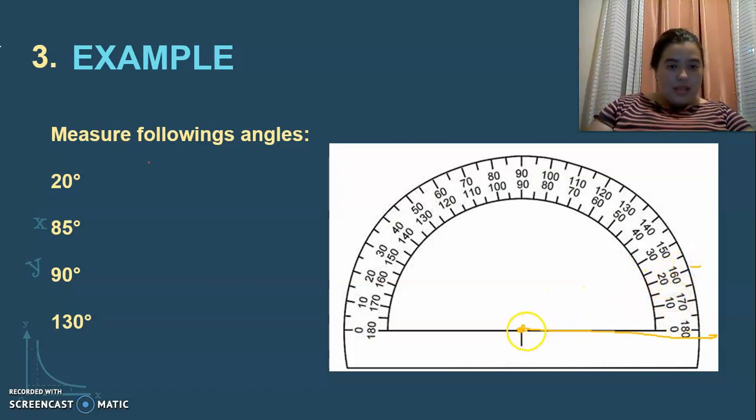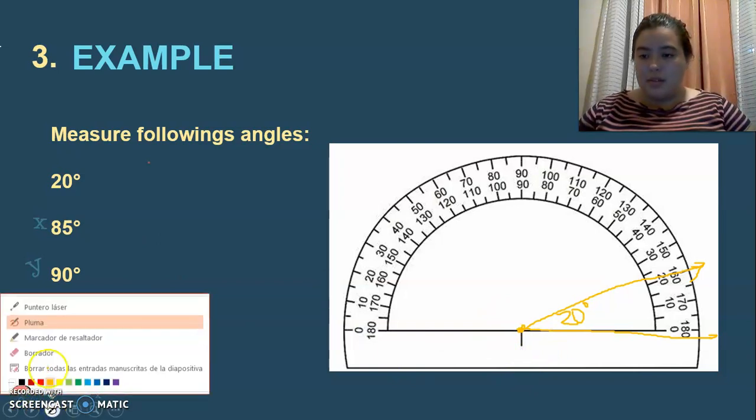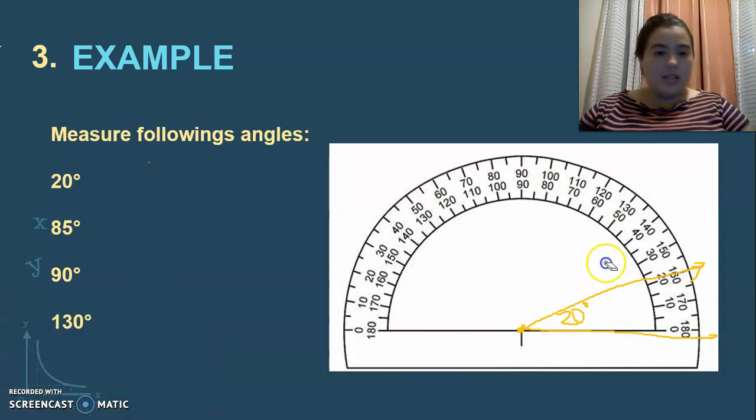So our second ray will be like this, and this is an angle with 20 degrees. It means it is an acute angle. We are going to make the second one, but first I'm going to erase.